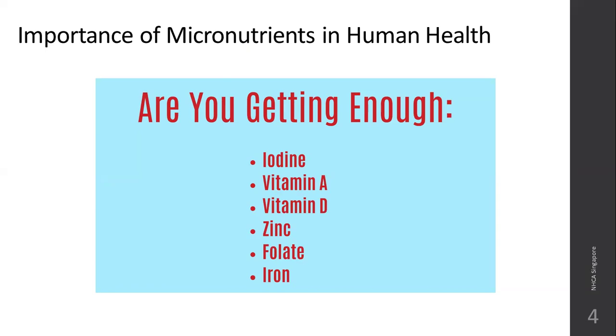Folic acid also gained momentum, and then along with that, focus on calcium, zinc, vitamin B, vitamin D, copper, and so on. Earlier, it was just iodine, vitamin A, and iron until the 90s. In the 2000s and the late 2010s, all these vitamins and minerals also gained that focus.